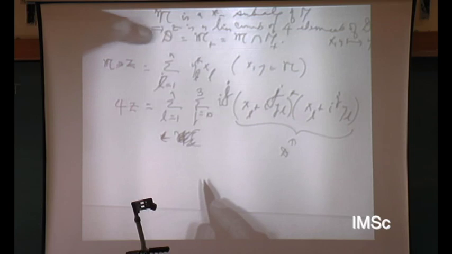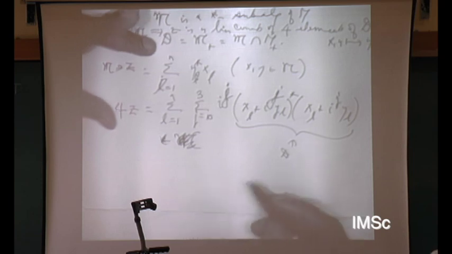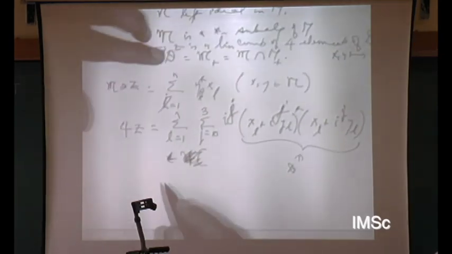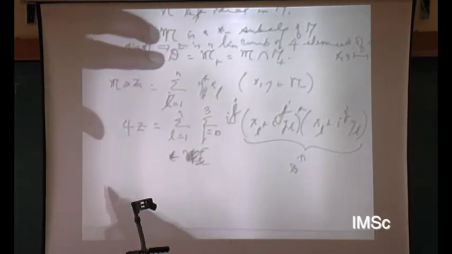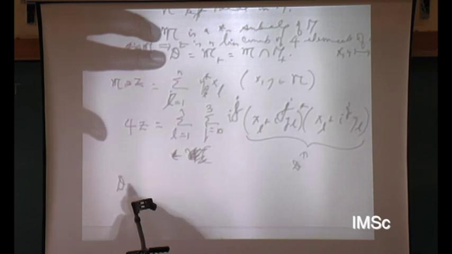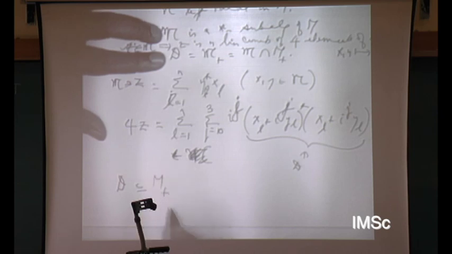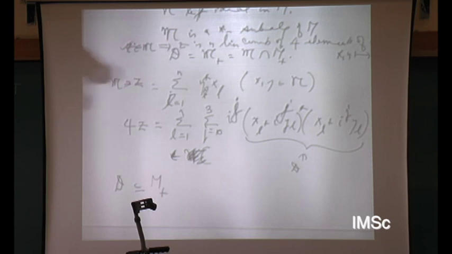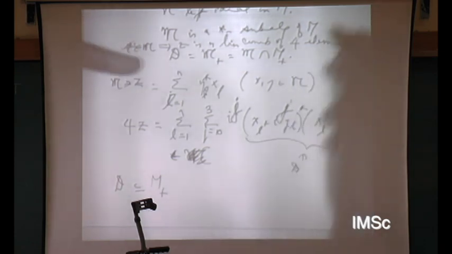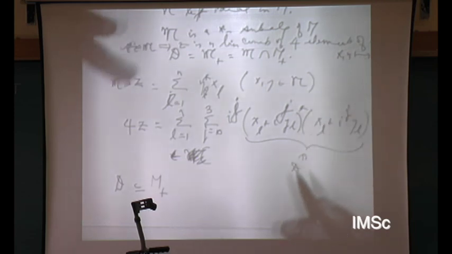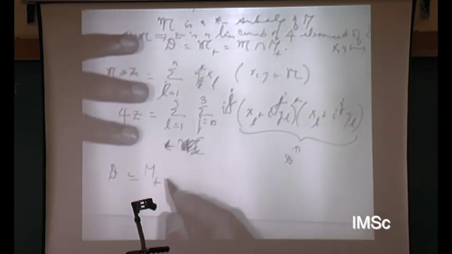Okay, so as far as this assertion, D is, by definition, contained in M plus. And it is in M because, why? N star N is M. So what do you mean?